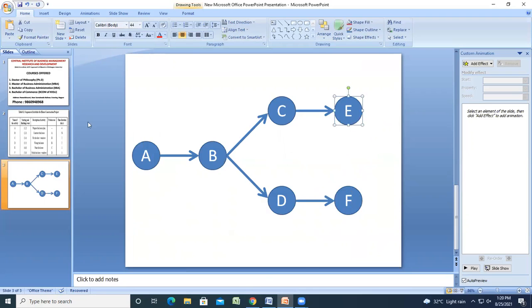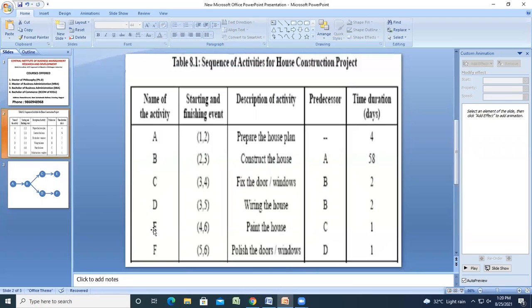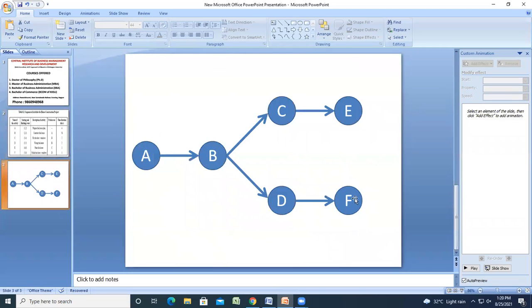Now, after activity E and activity F, there is no other activity. It means that activity E and activity F are the ending activities. So we will end both of these activities at a common point.